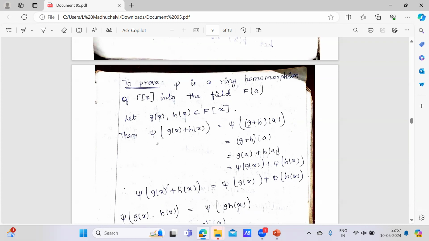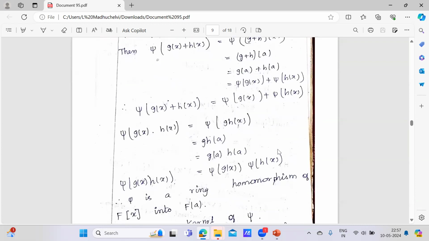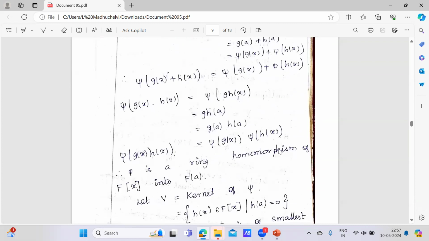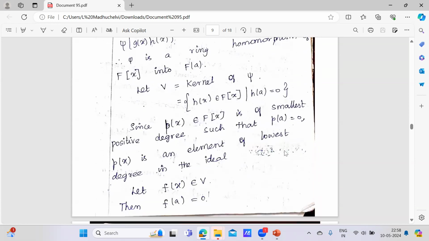But psi of g of x into h of x equal to psi of gh of x, that is gh of a, so g of a into h of a. So psi of g of x h of x equal to psi of g of x into psi of h of x. Therefore, psi is a ring homomorphism of F of x into F of a.